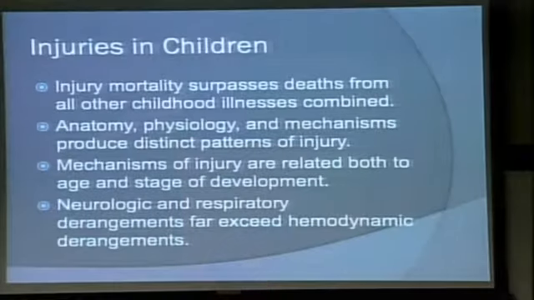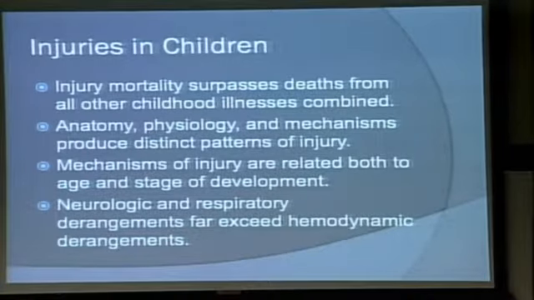Okay, pediatric trauma. Injury mortality surpasses all childhood illnesses combined, mortality from traumas. And it's your anatomy, physiology, and mechanisms of injury that produce distinct patterns of injury. Mechanisms of injury are related to age and stage of development.